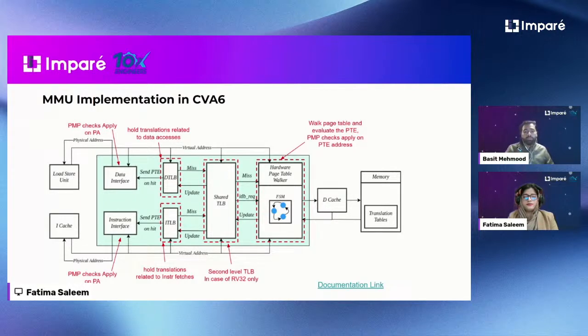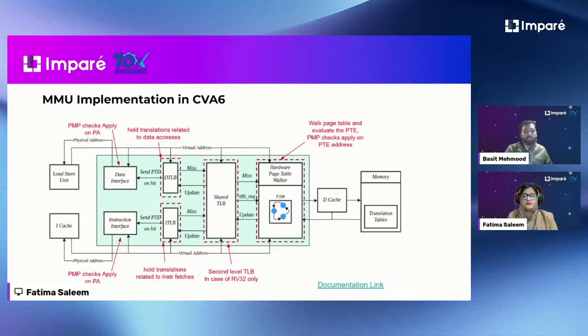In addition to these functionalities, the MMU SV32 seamlessly integrates support for physical memory protection, enabling it to enforce access permissions and memory protection configurations as specified by the PMP settings. This additional layer of security and control enhances the management of memory accesses. The MMU SV32 maintains interfaces with the instruction cache and the load store unit.